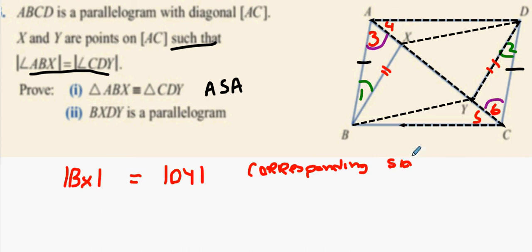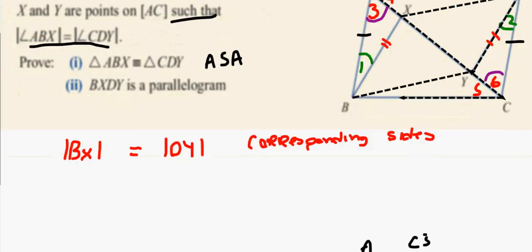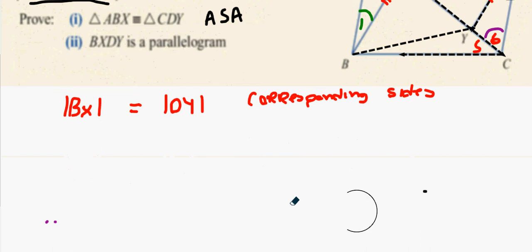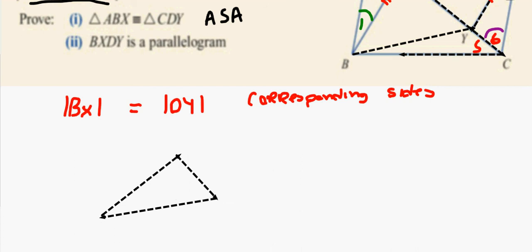Alright. So essentially, corresponding side means something like this. Imagine I have one triangle, and we call it, for argument's sake, A, B, C, and that's 10, that's 12, and that's 5.